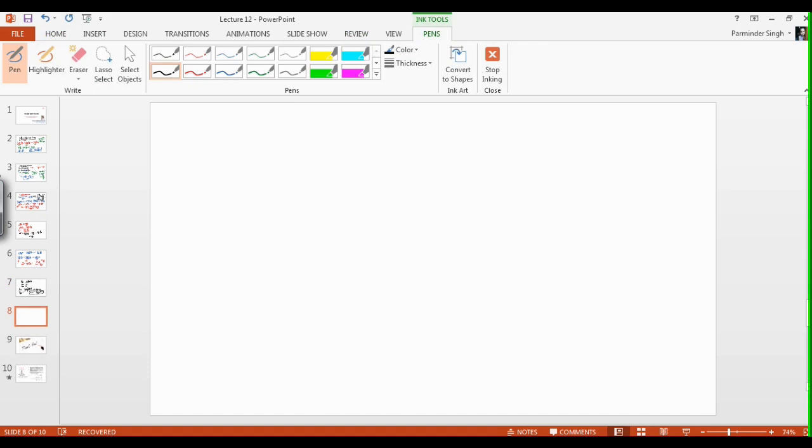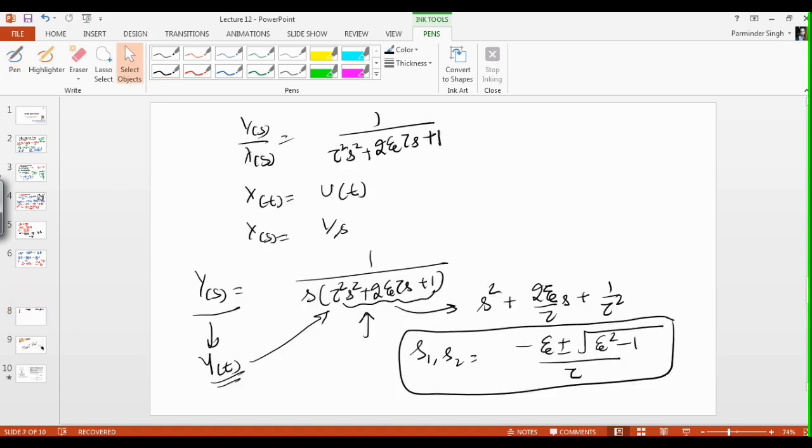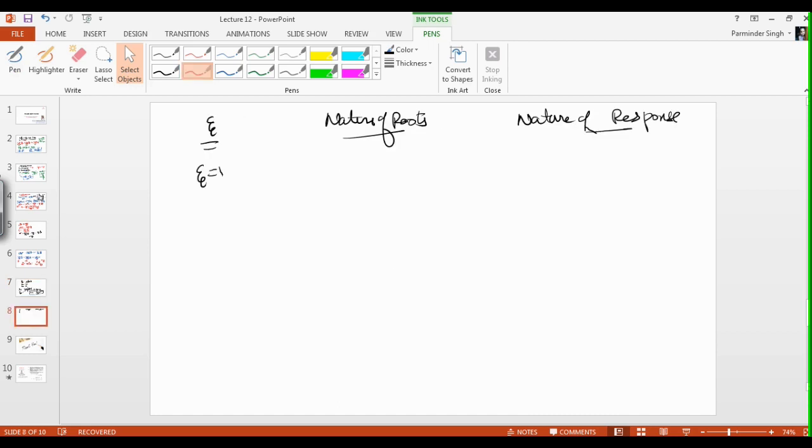So that means zeta decides the nature of the roots, and the nature of roots decides the nature of the response. Clear? Now if zeta is equal to 1, both the roots are minus zeta by tau, so both the roots are equal. So the nature of roots is real and equal.